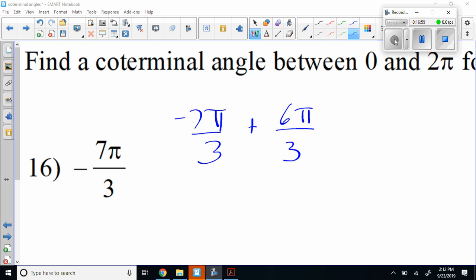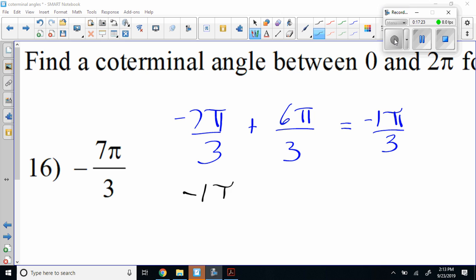Because I need this to come out to be 2 pi when I simplify, right? Yes? So what is that? Negative 1 pi over 3. Okay. Am I between 0 and 2 pi? No. I'm almost there, right? So I got to do it again.